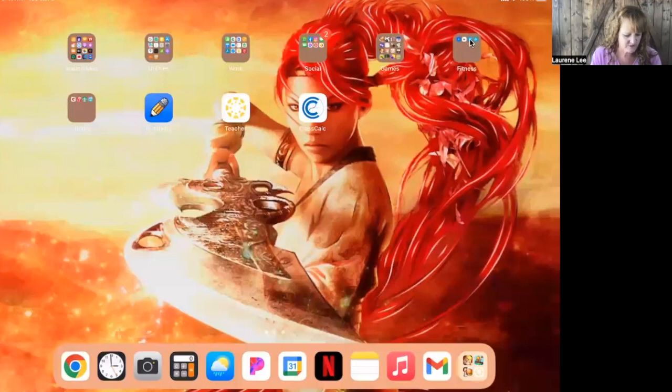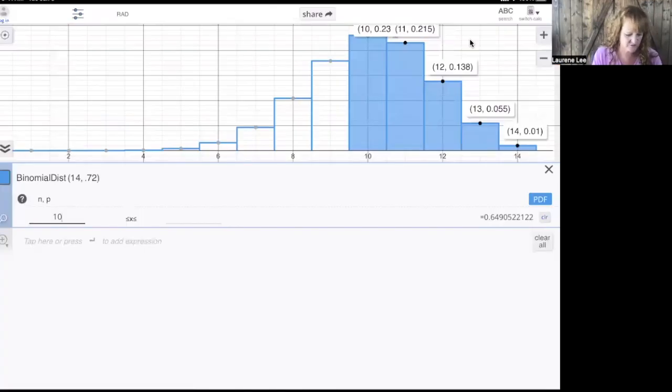On ClassCalc, it works very similar to your normal distribution. So you're going to come over here. Your binomial distribution is going to be 14 trials, N is 14, P is 0.72, and you're just going to put 10 in that left-hand column, leave the right-hand one blank. And you can see on the picture how it colors in 10 and up. So you can check yourself to make sure that the correct bars are colored.